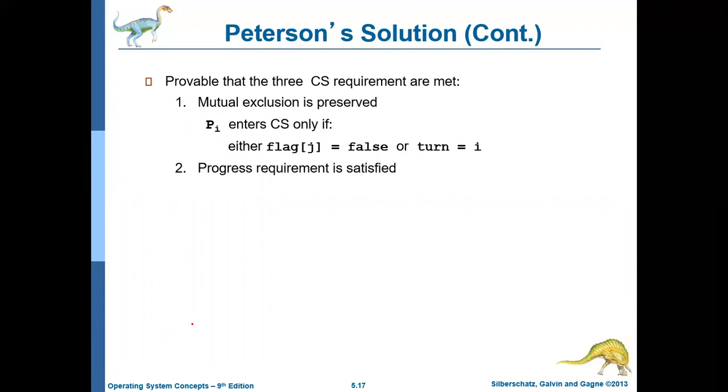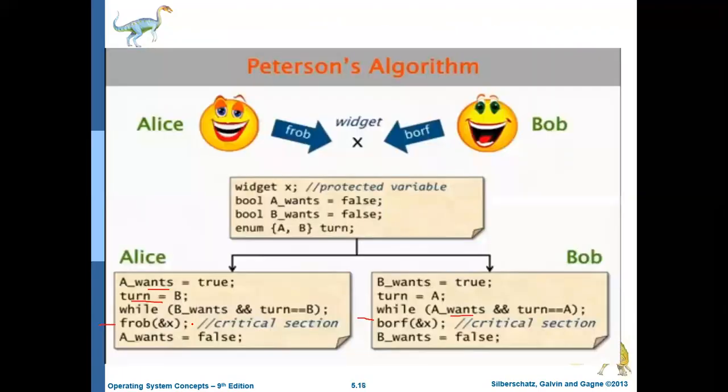And progress is also satisfied. So that problem will not happen, where first Alice should enter, then Bob, then Alice, then Bob. Assume that currently Alice wants to enter the critical section and Bob doesn't want to enter.